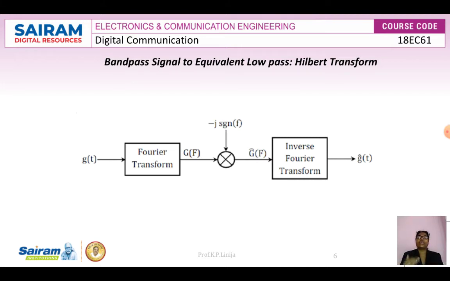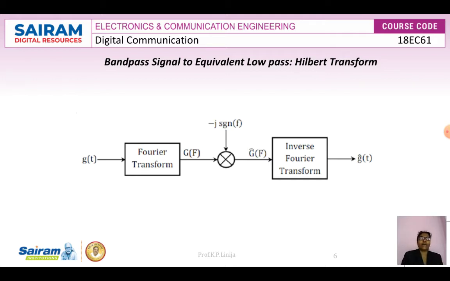If you want to represent any signal in the frequency domain, we need to take a Fourier transform. Therefore, the Fourier transform is very helpful to define the frequency content of the signal. So g(t), the original signal, is given to the Fourier transformer, and the output we get is G(f), with the frequency content of the signal.